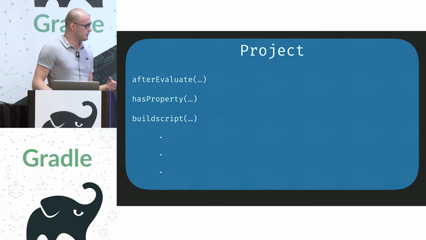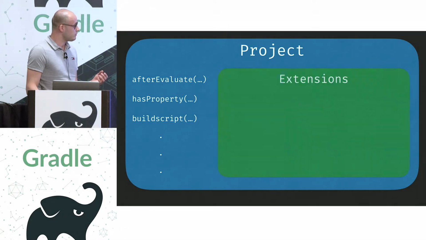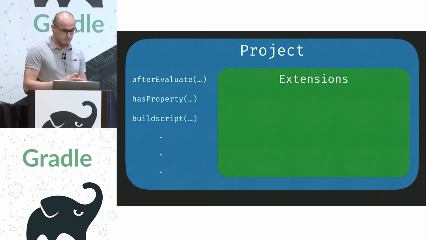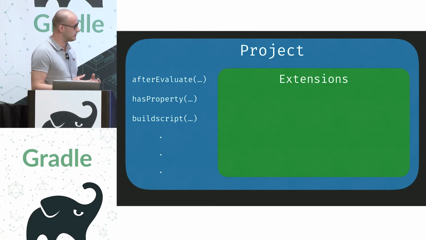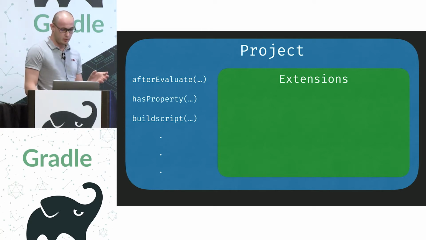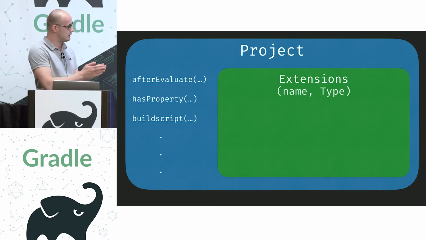Another big thing in Gradle is extensions. Every project, like lots of types in Gradle, is extension aware. Whenever a type is extension aware, the instance of this type contains an extension container, which holds extensions, and each extension has a name and a type.